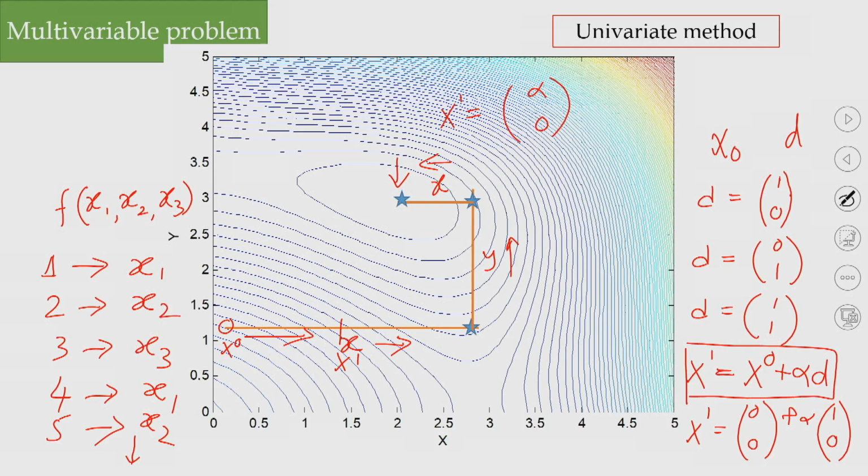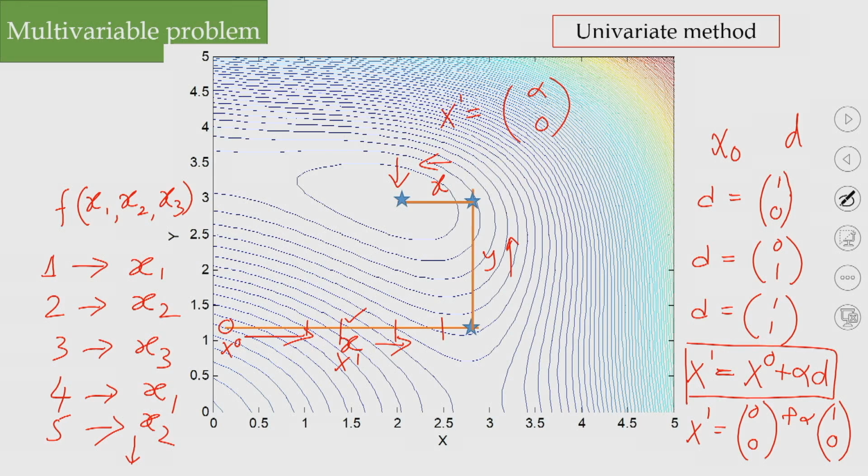If I take alpha equal to 1, I will get this point. If alpha equal to 1.5, I will get this point. Alpha equal to 2, this point, 2.5, this point. Something like that.